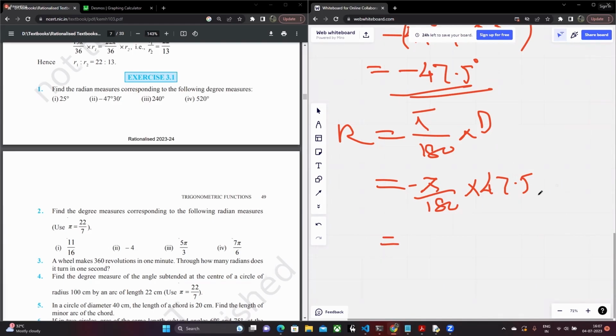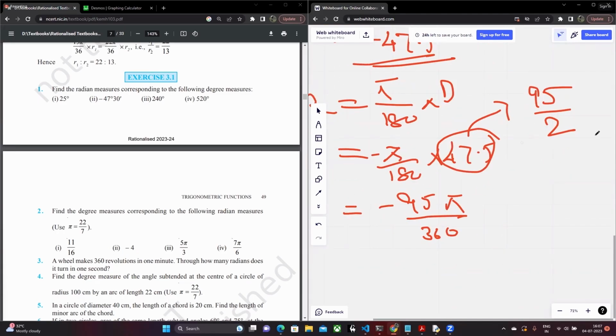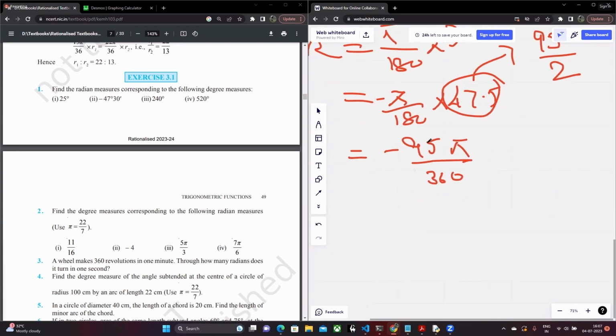since 47.5 is 95 by 2, I can write this as minus 95 pi divided by 360, right? Just I'm writing that 47.5 is 95 by 2, and so multiplying to 180 is 360, and 95 comes over here. The minus sign is here. And so I'll basically divide this by 5.